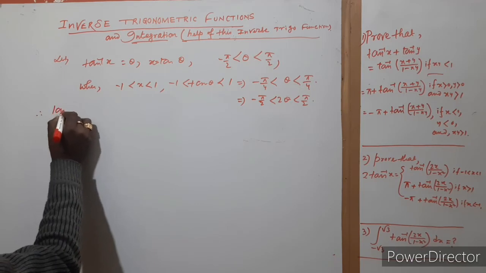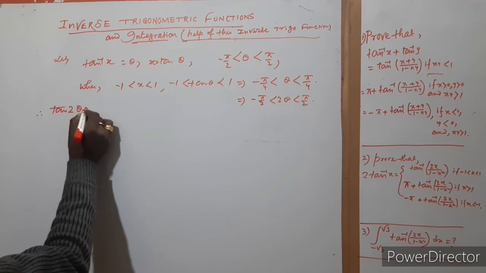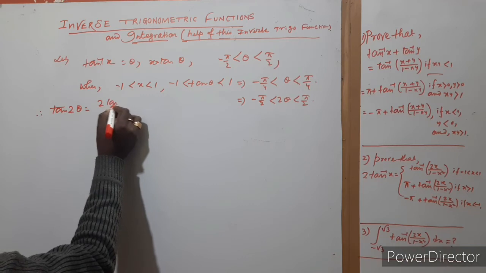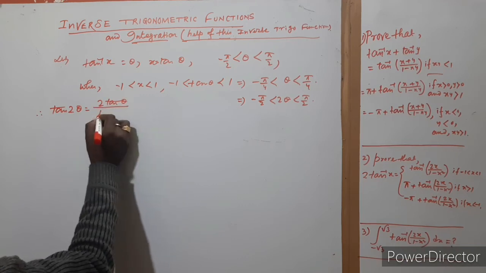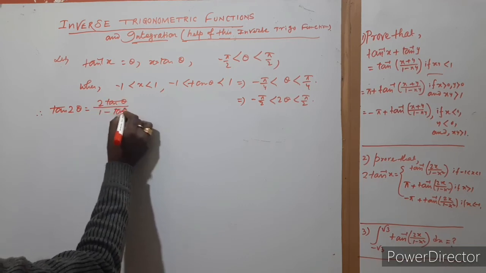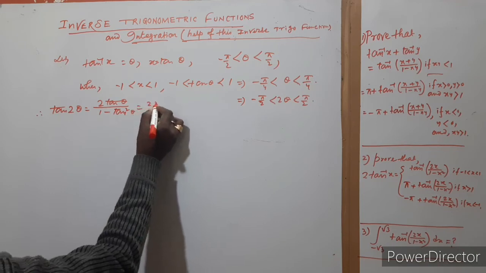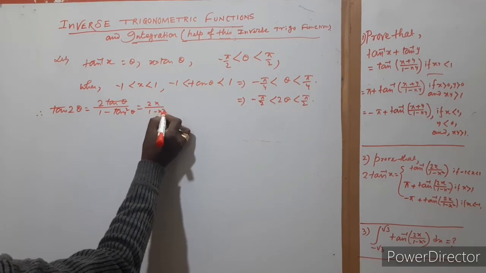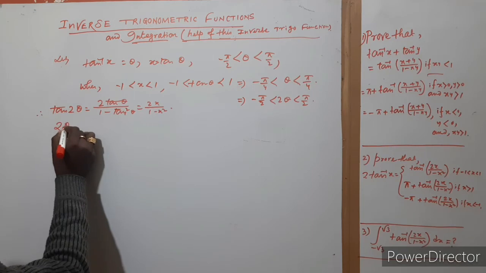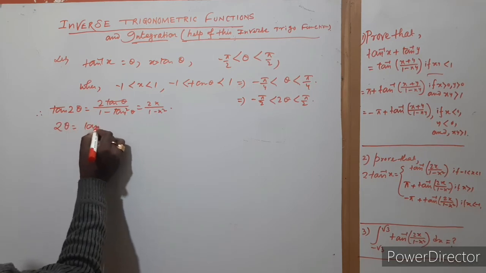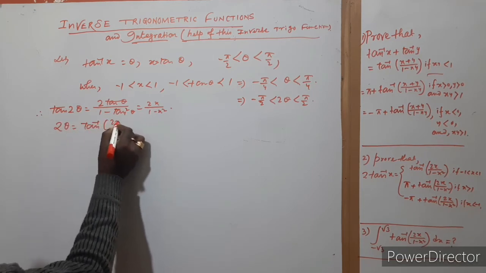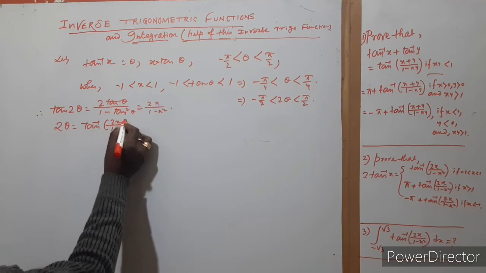Therefore tan 2 theta is equal to 2 tan theta by 1 minus tan square theta. This is 2x by 1 minus x square. Therefore 2 theta is equal to tan inverse of 2x by 1 minus x square.